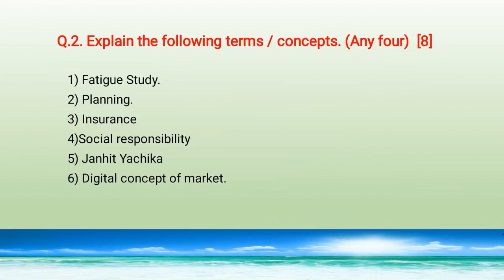Friends, keep in mind that it is not a short note type question, so you are expected to write only 2 points related to that term or concept. It can be a definition, features, advantages, disadvantages, types, examples, etc.